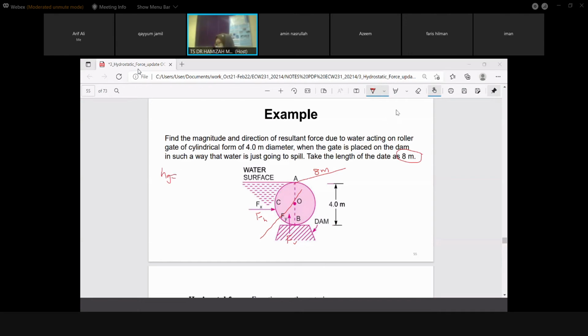Koyum. Koyum ada? Berapa HG ni? Senang je ni.